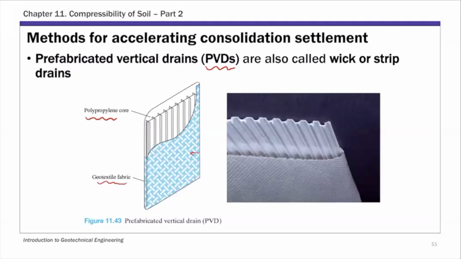So compared to the sand drain, the advantage of PVD is that it's a much faster installation. And because you don't have to pre-drill and backfill sand, it's easier to control the quality of these vertical drains.